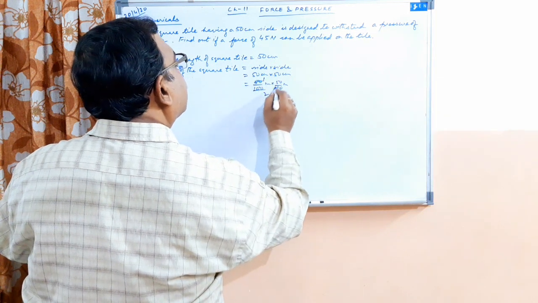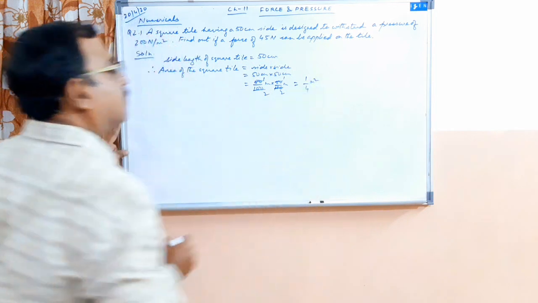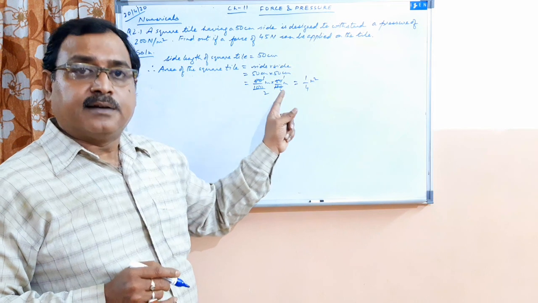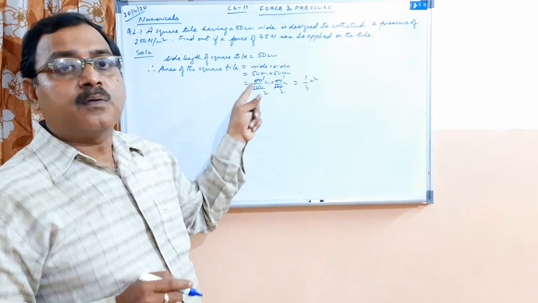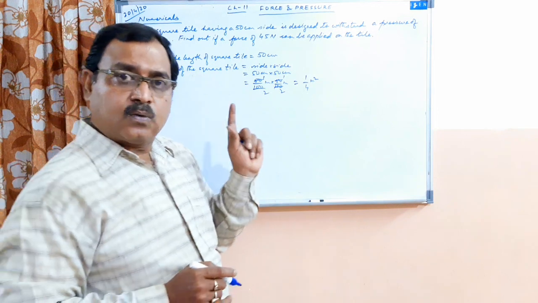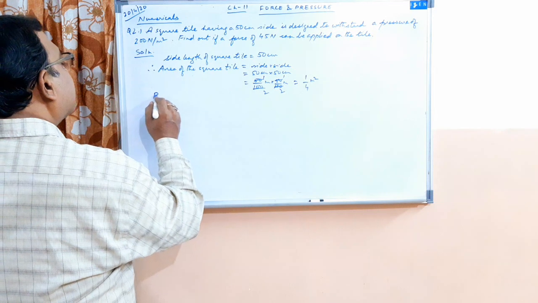So 5 1s are 5, 2s are 5, 1s are 5, 2s are 5, that is equal to 1 by 4 meter square. Now always remember, SI unit has to be written. That is why centimeter is converted into meter. Got it? Because SI unit of length is meter. This you know.